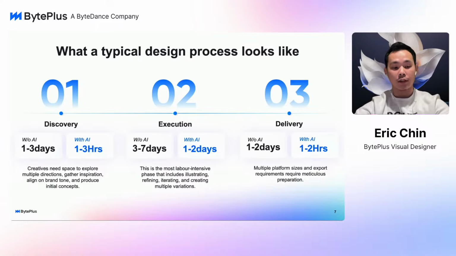In the execution stage, it normally takes 3 to 7 days, from refining visuals, illustrating, to producing variations, and AI can reduce that to 1 to 2 days. In the delivery stage, adapting designs for multiple sizes and platforms usually takes 1 to 2 days. With AI, this can drop to a few hours. I think this time saving is where designers will see the biggest value.